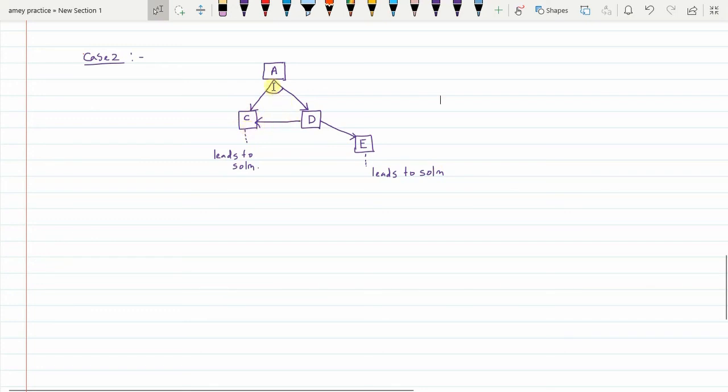Why? Because there is an AND arc over here. In order to solve D and then continue from D, this AND arc should be solved. So D as well as C both have to be solved, right? It turns out that C is necessary anyway, because unless C and D both are solved, this AND arc won't be solved, and unless this AND arc gets solved, you will not be able to proceed further from it. So from D you will not be able to proceed to E, correct?